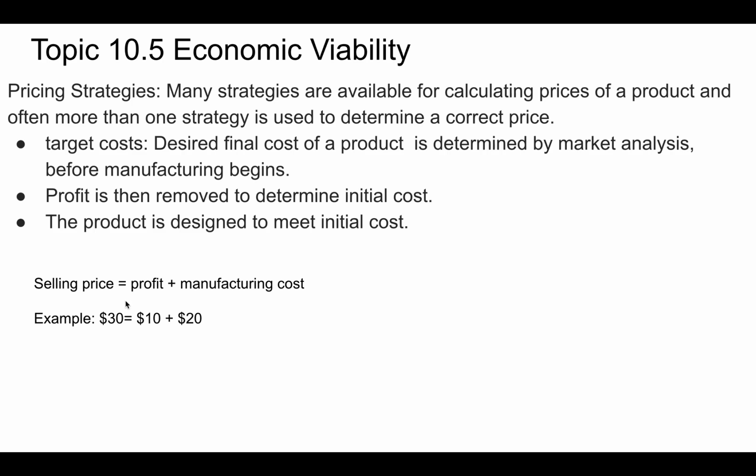An example of this: if you know that you can charge $30 for something in the market, then I'm going to take out the $10 profit that I want to make and make sure that the cost of manufacturing my product doesn't exceed, say, $20. So if I want to sell at $30 and I want $10 profit, then I want to make sure that the manufacturing cost stays at $20.